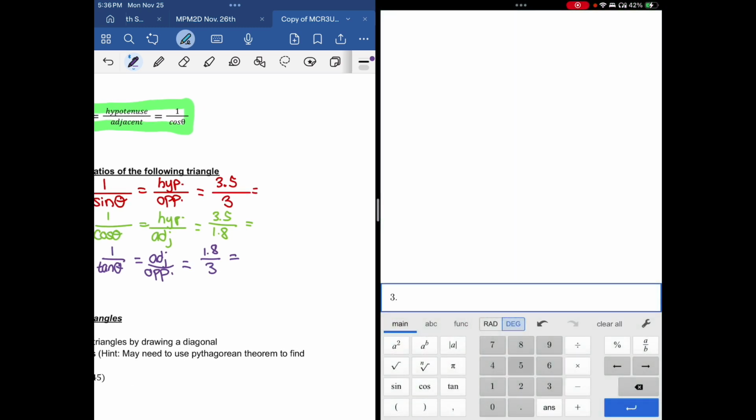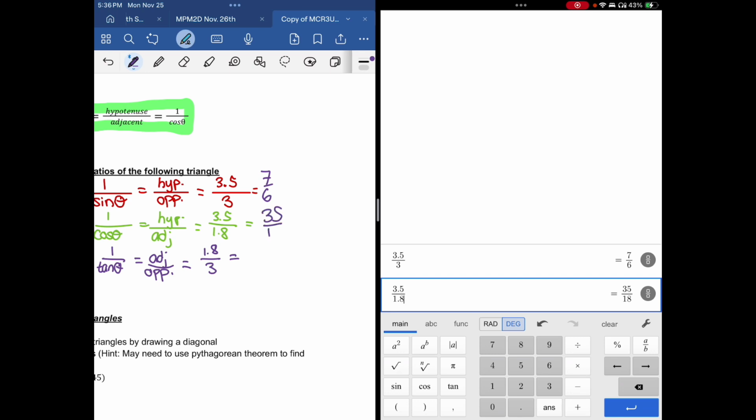So I have 3.5 divided by 3, which gives me 7 over 6. 3.5 divided by 1.8 gives me 35 over 18.